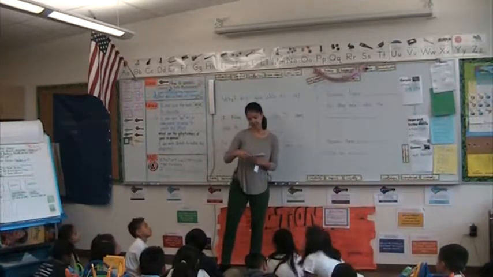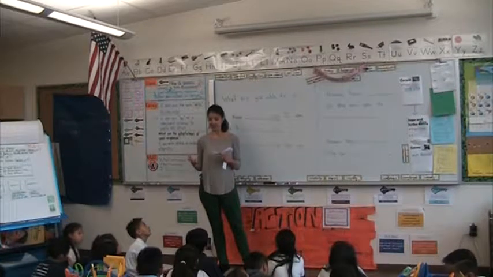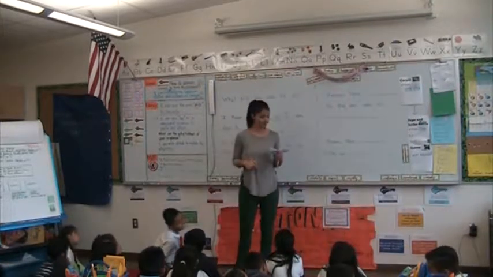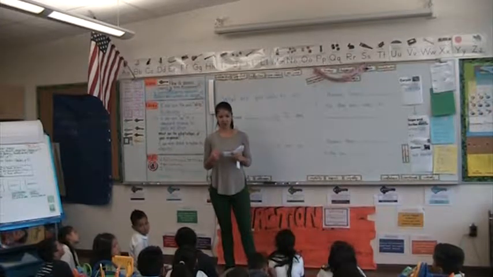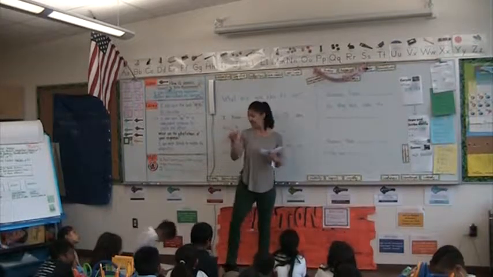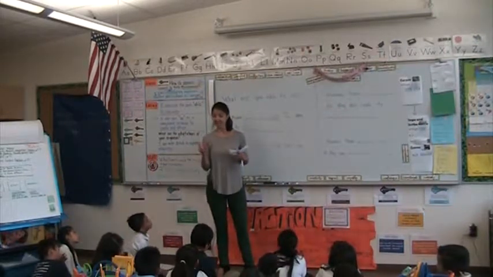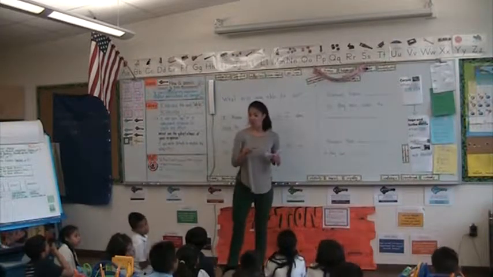Here's the next one. Humans have hands so they can write. Also, humans have a mouth so they can speak. Wow, that student used 2 examples and connected them with a transitional word. What transitional word did they use? Also.